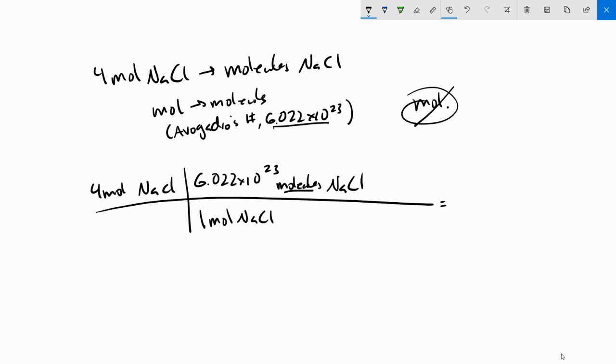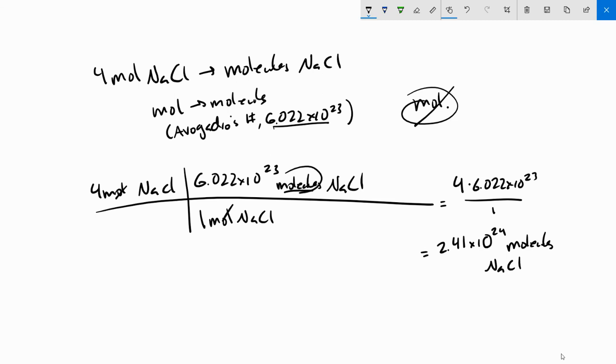All right, so when I plug this into the calculator, I'll just do 4 times 6.022 times 10 to the 23rd and divide that by 1. And that's going to give me a final answer of 2.41 times 10 to the 24th molecules of NaCl. See, my moles canceled. I was left with molecules, and that was my final unit.